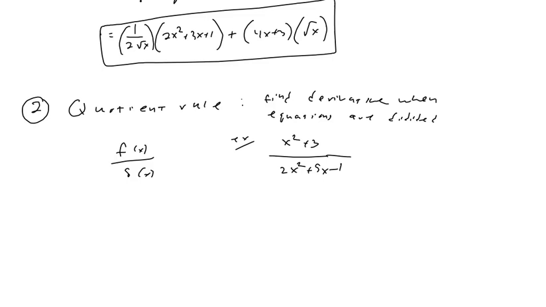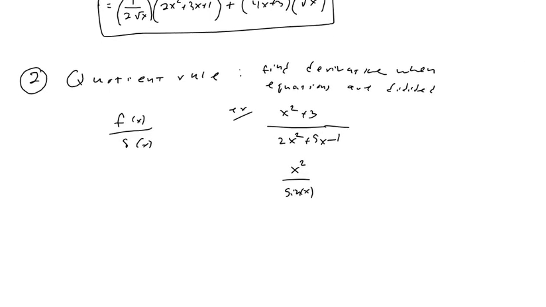Or you've got x squared over sine of x. Right? Or you've got, what's some other ones? Even things like, I don't know, 3 minus 1 over x over the cube root of x squared.